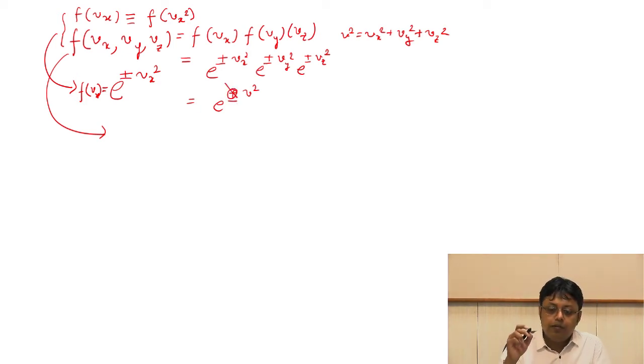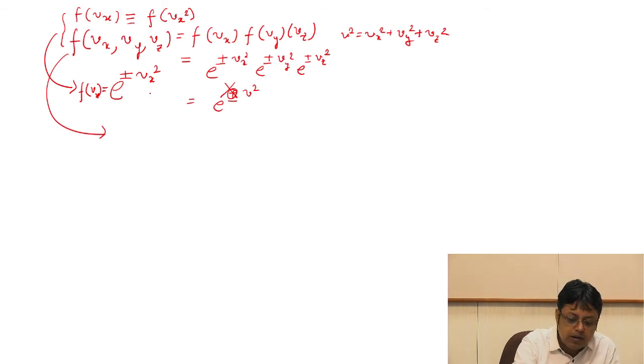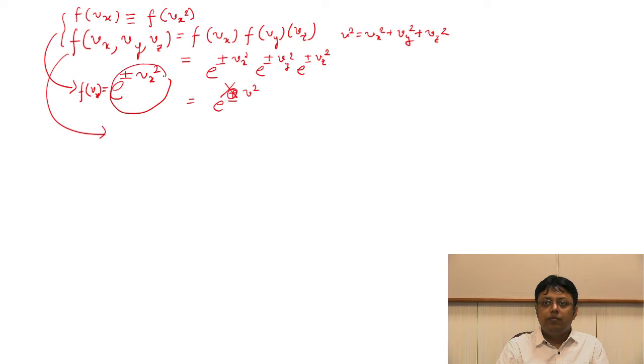However, right now let us talk about only the velocities: vx can go to plus or minus infinity, but if I retain the minus sign, then whether it goes to minus infinity or plus infinity, e to the power minus infinity squared will be 0. So the probability of having a molecule with extremely high speed in either direction will be very low.